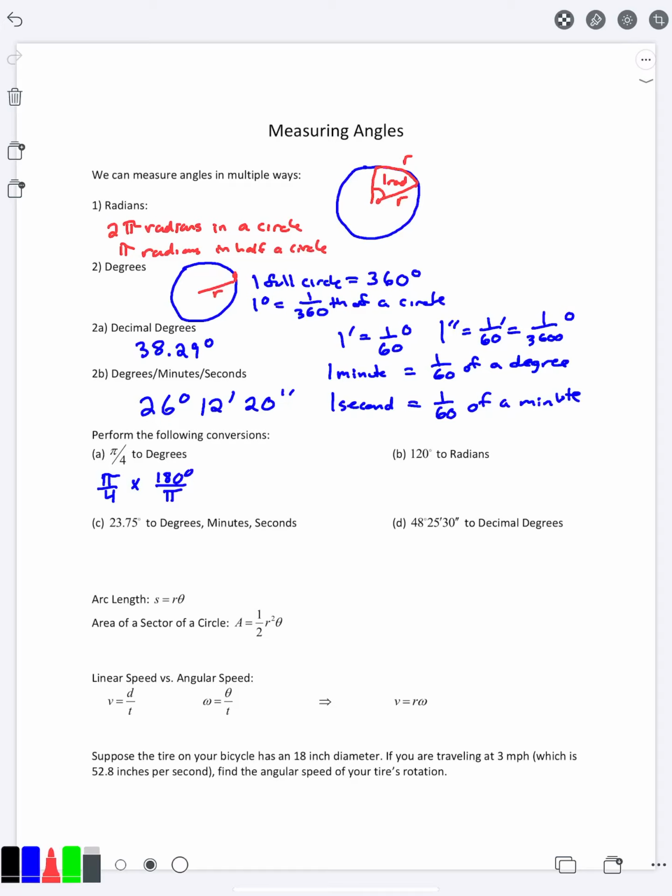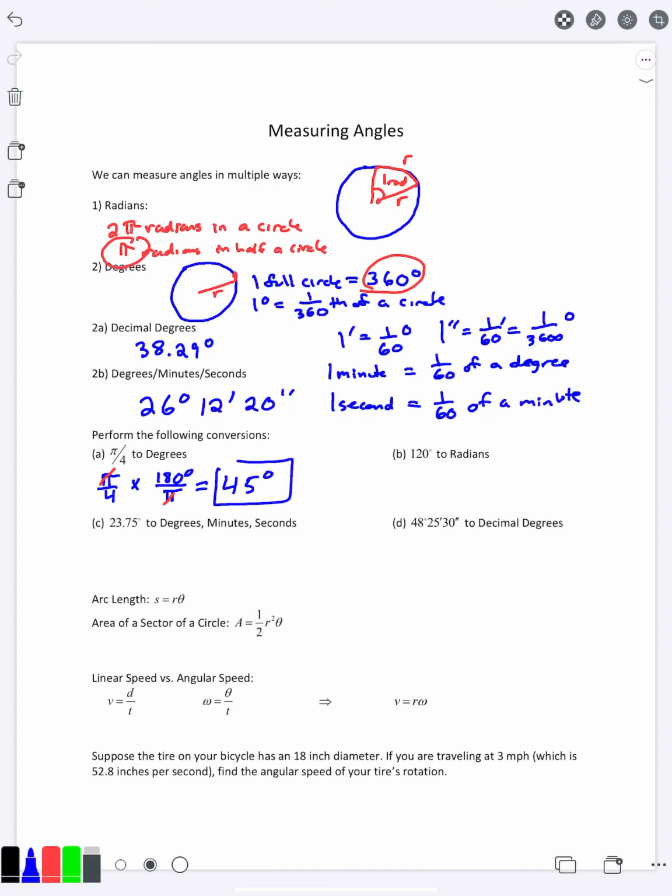And we use that because we saw up here that pi is half of a circle, and half a circle is also 180, so 180 over pi are the same number. That means the fraction is the same as 1 here. And if you do 180 divided by 4, you should get 45 degrees.